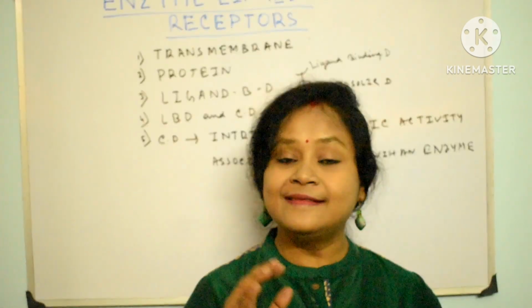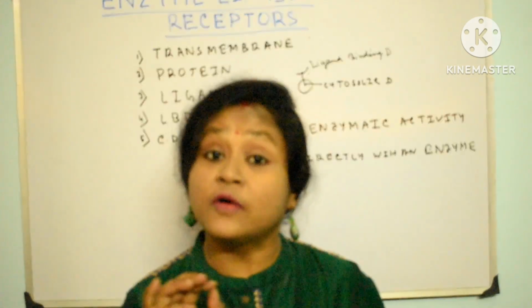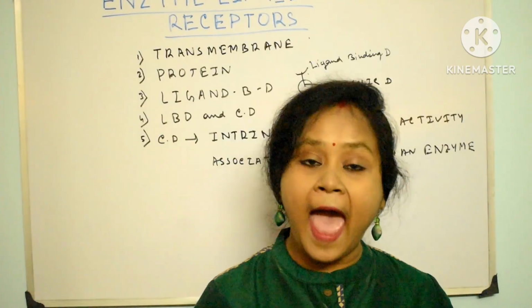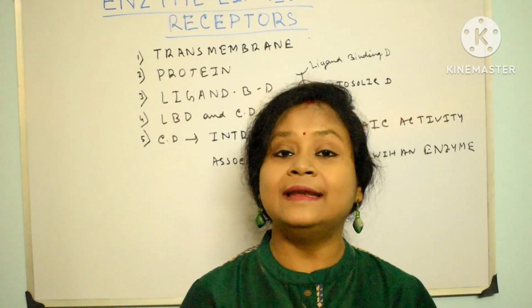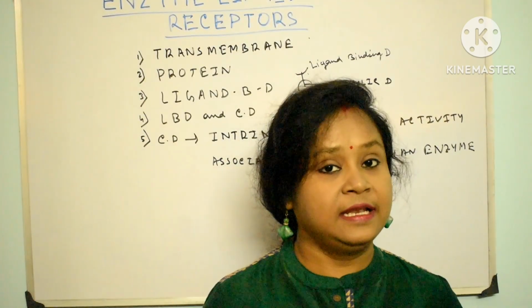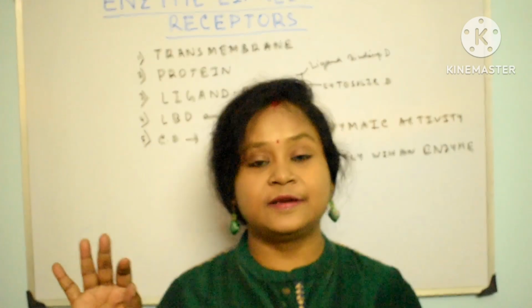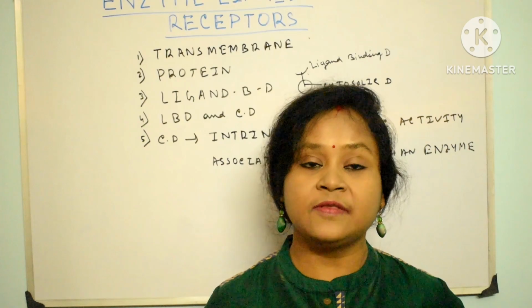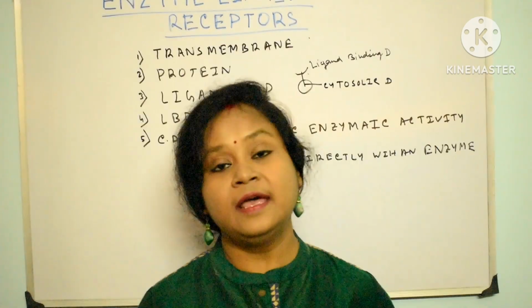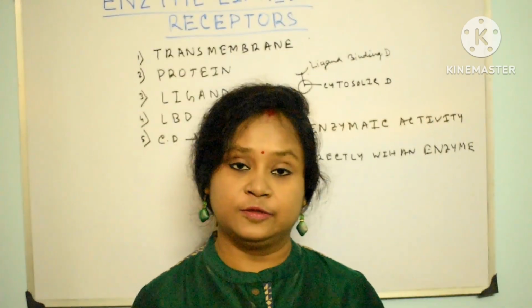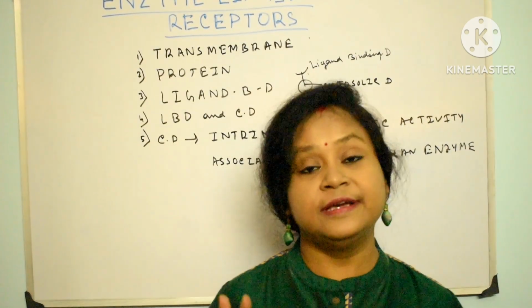Point number 3, receptor like tyrosine phosphatases, receptor serine threonine kinases, and receptor guanylyl cyclases, but these are not in our syllabus. So we are going to concentrate on RTK, receptor tyrosine kinase, and tyrosine kinase associated receptor.